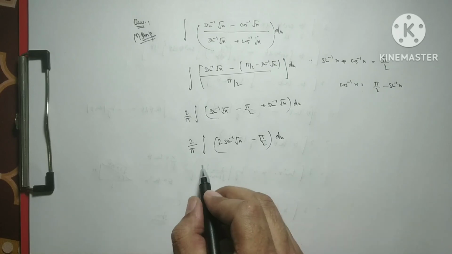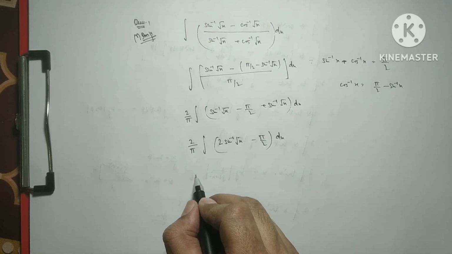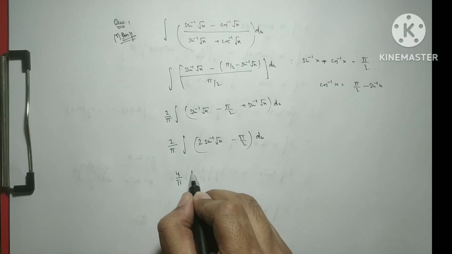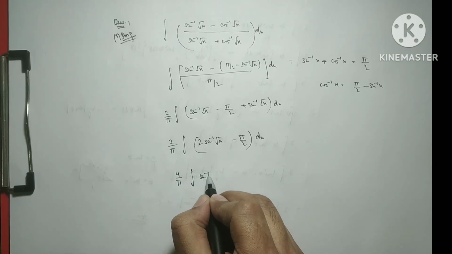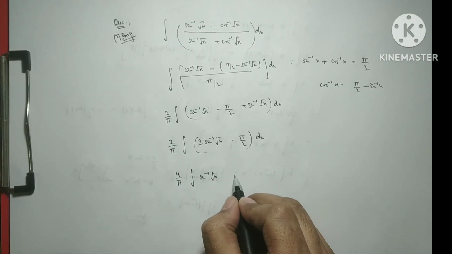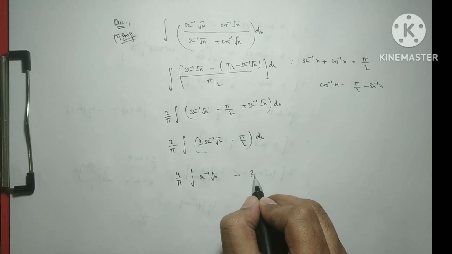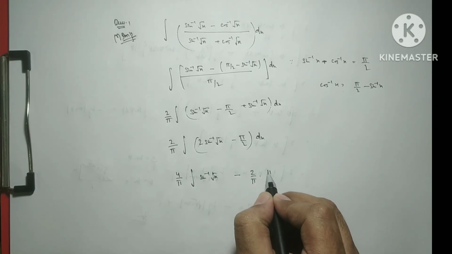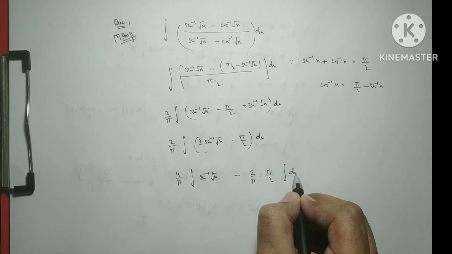Now we multiply this and separate this, we get 4 over pi sine inverse root x, and this is 2 over pi and pi by 2, dx.